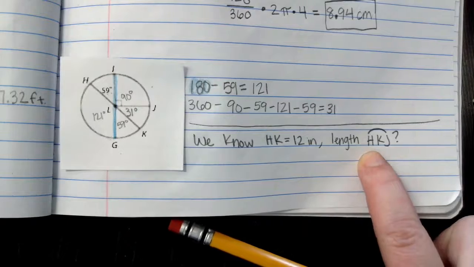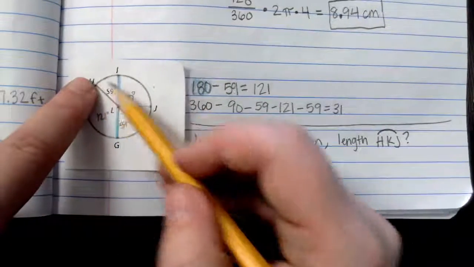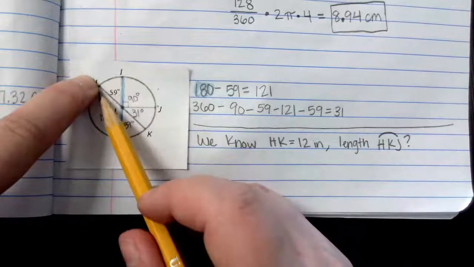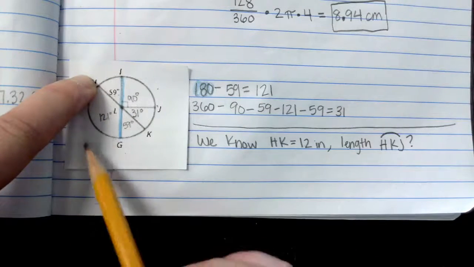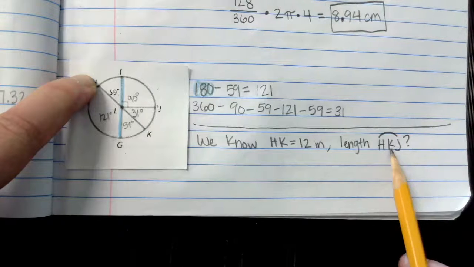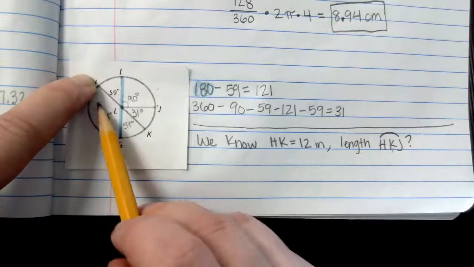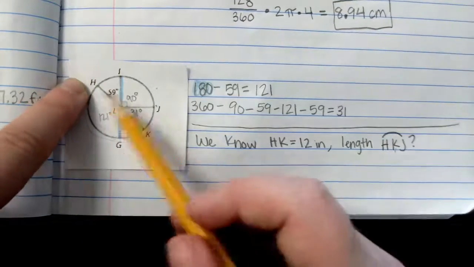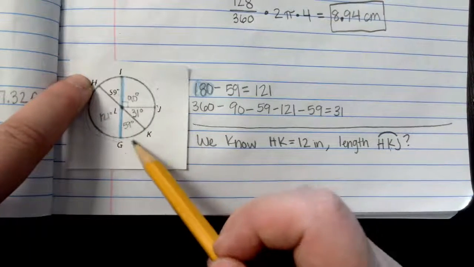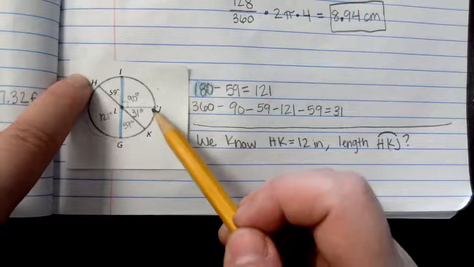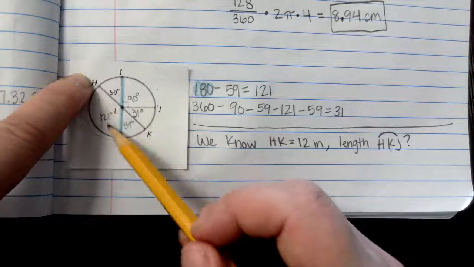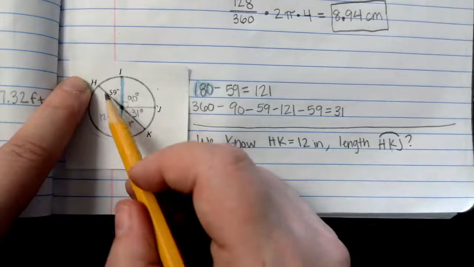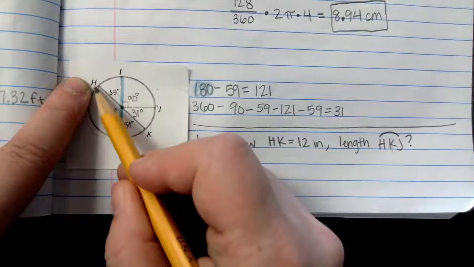So as I figure out that angle, I want to put all those angles together to figure out how much it is from H to J going in that direction. So I'm going to take 121 plus what? 59 plus 31. 121 plus 59 plus 31, so 211.